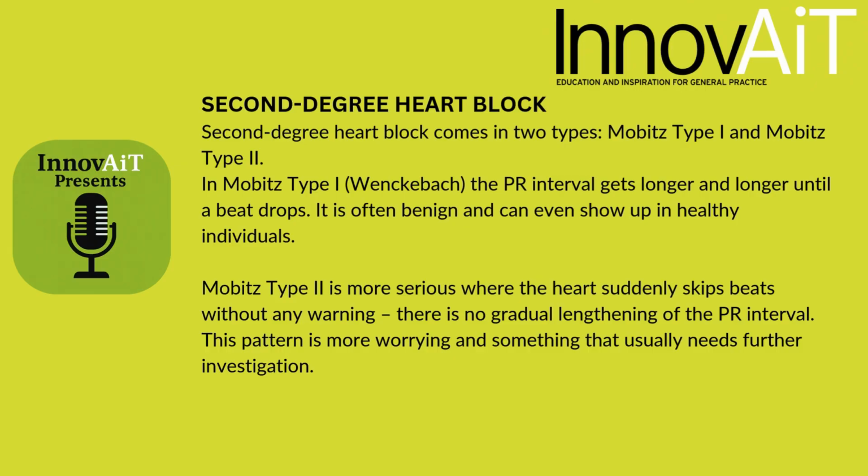Mobitz type 2, though, is more serious. Here the heart suddenly skips beats without any warning. No gradual lengthening of PR interval. This pattern is more worrying and usually needs further investigation.